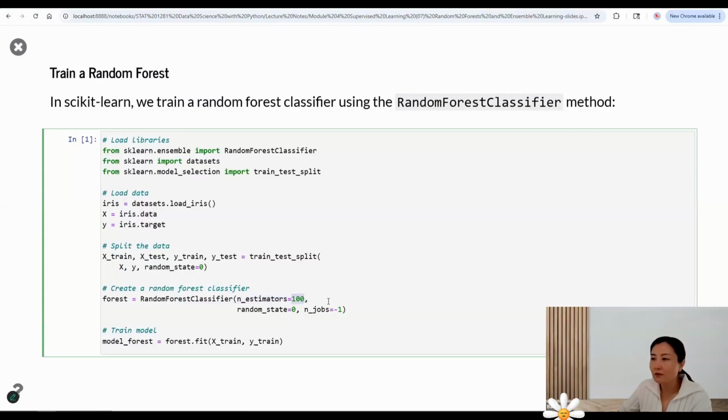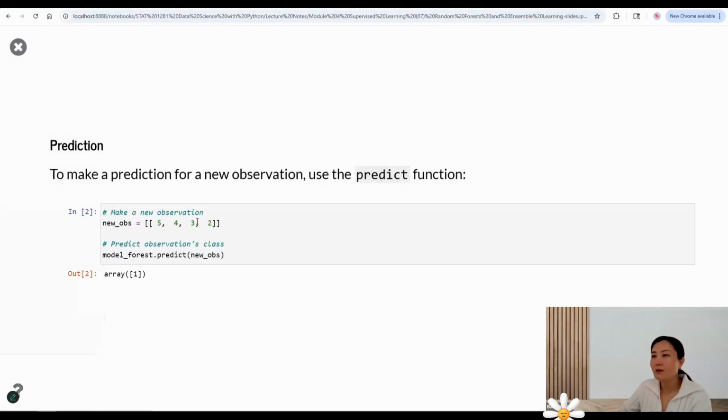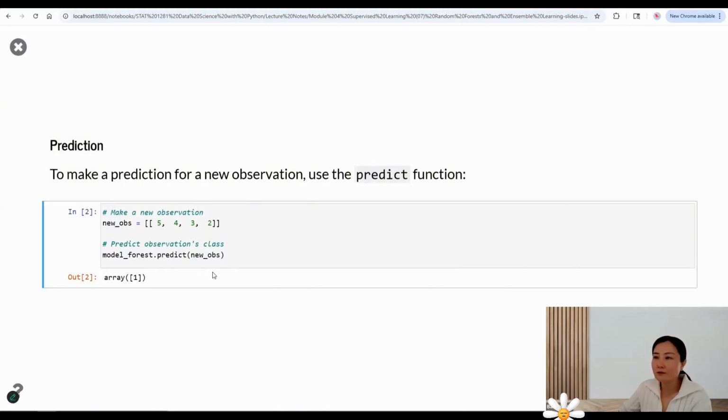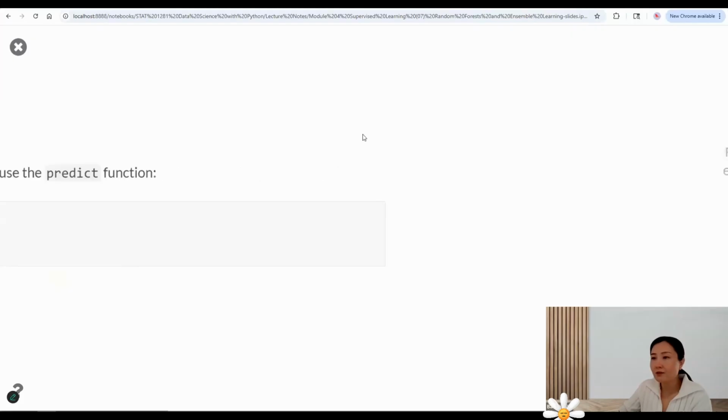Let's use 100 first. And n_jobs allows for parallel computation. Fit on the training set, and then quickly we can do prediction in a very similar way. First, specify the new observation, and then do prediction.